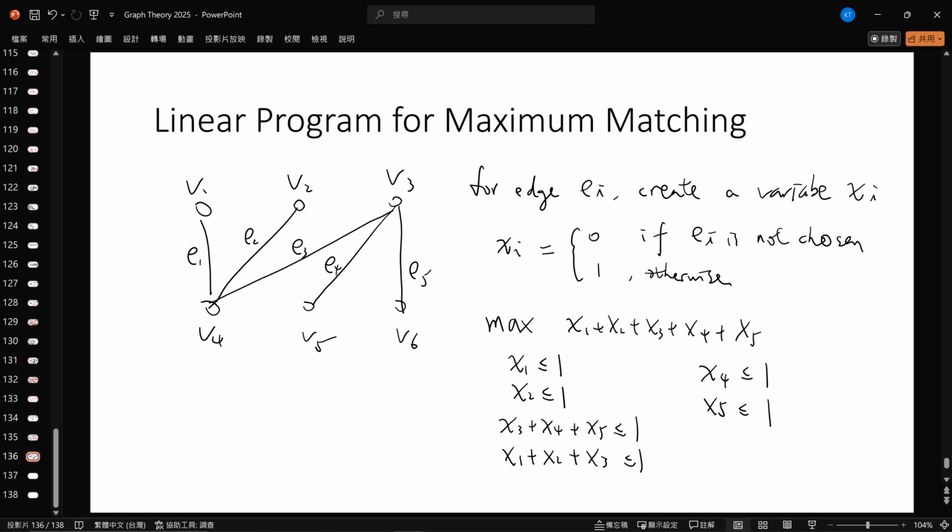So this is, well, this is not a linear program, because we have this binary constraint here. But at this moment, we just ignore this one, because what matters in the primal transformation is that we have to consider the objective function and the constraints. So we'll just focus on the constraints and objective function.